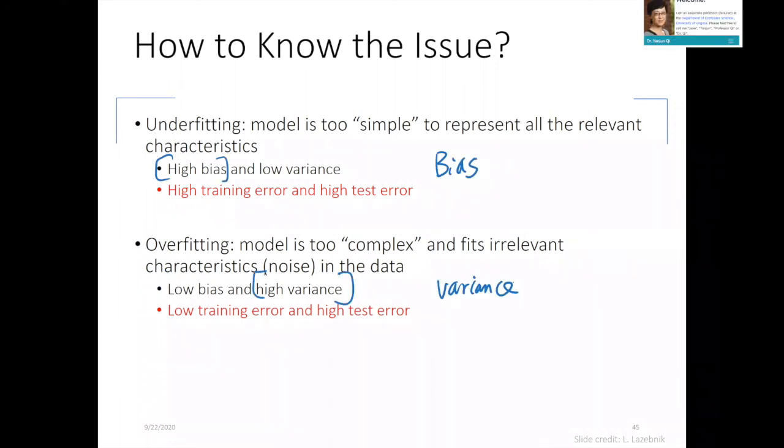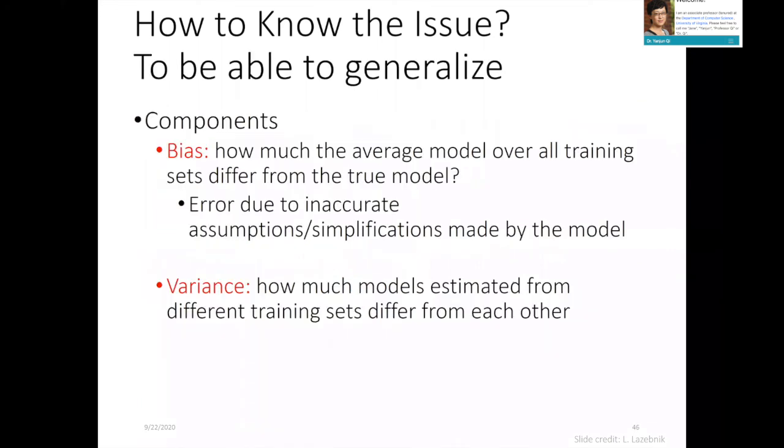First know where you are in this complexity regime and then act accordingly. On the left, you solve the bias issue. On the right, you solve the variance issue. Again, I emphasize many times: bias is about an inaccurate, rigid, too simplified model. Variance means your model is too sensitive, maybe too flexible.